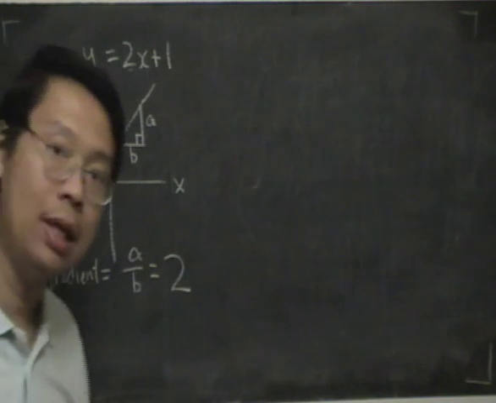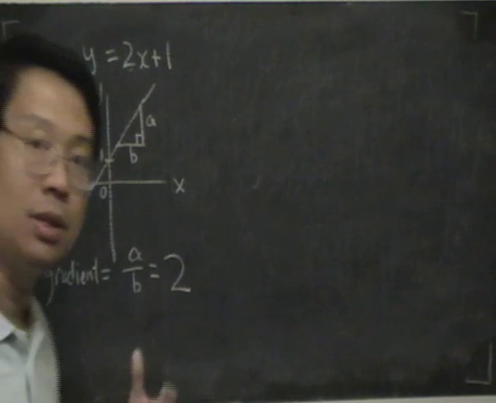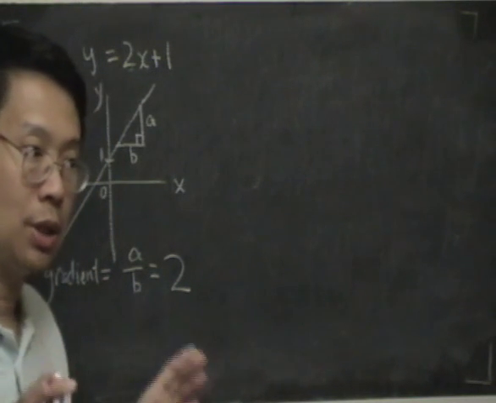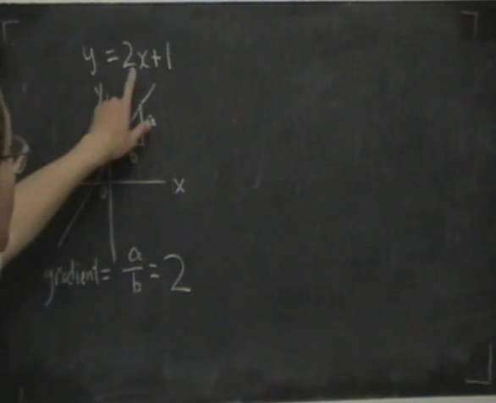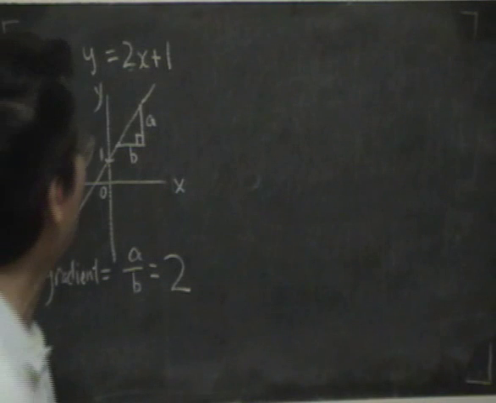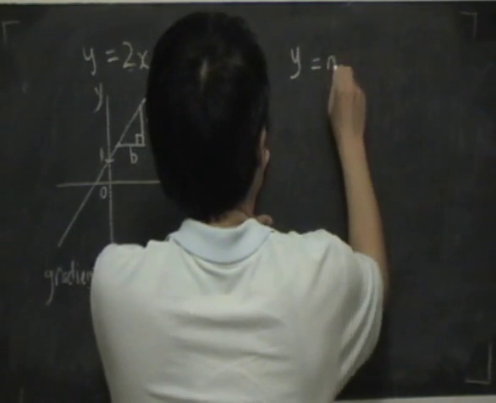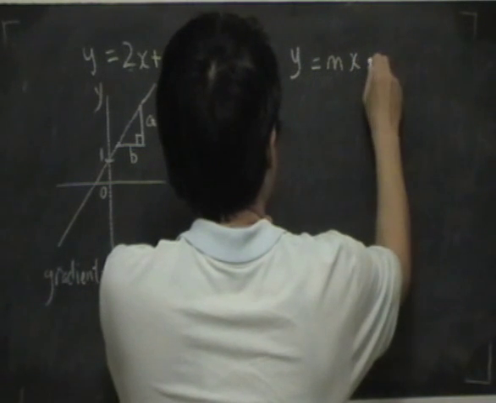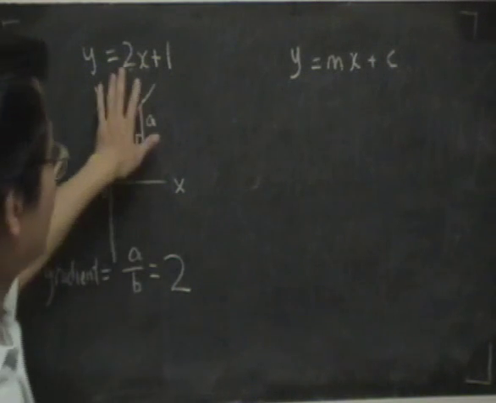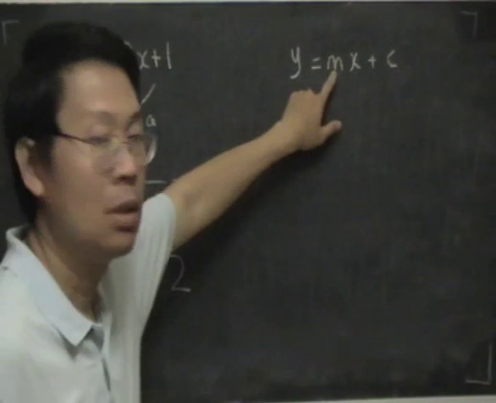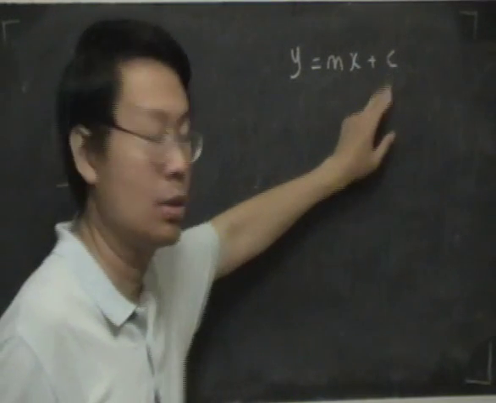So what I'm going to do next is represent this kind of equation using algebra. Meaning, instead of the 2 and the 1 there, I'm going to write this equation as y equals mx plus c. So in this example, m is the 2 and c is the 1.